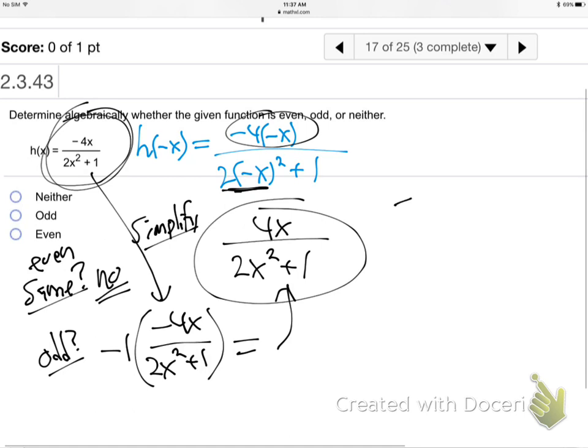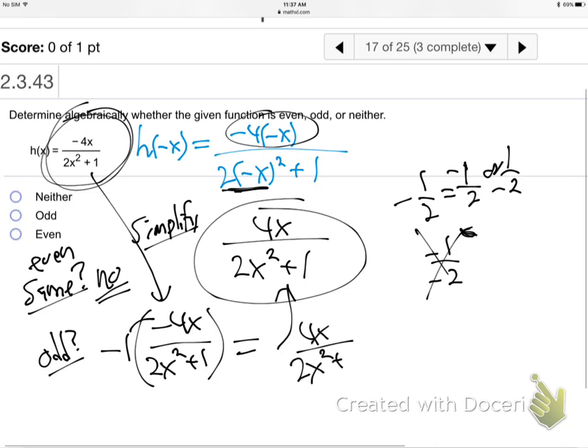When you have a negative on a fraction, you put it on the top only, or on the bottom, but you can't put it on both, because two negatives would be positive. That can't be right. You've got to be crystal clear on that rule. It's got to be in your fist and never moved, because it's going to come up a lot, like right here. That negative can go to the top only or the bottom. If I put it on the top, I get exactly that other one. Yes, odd. Does that make sense?